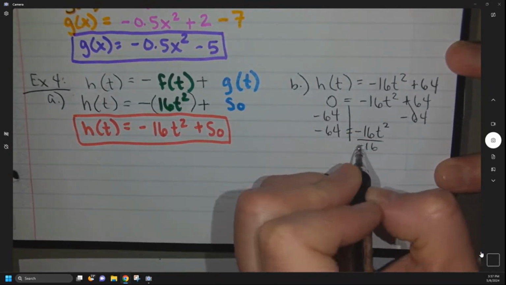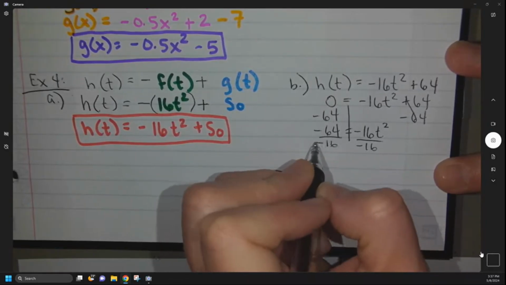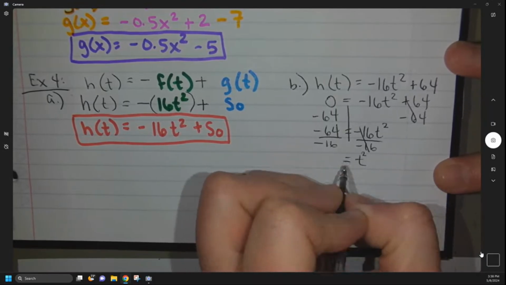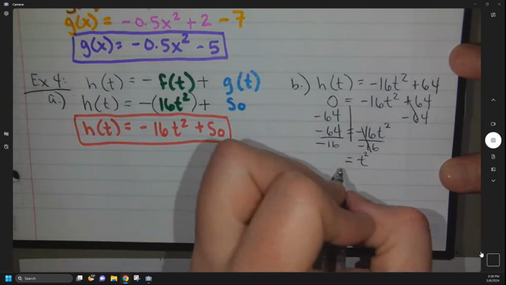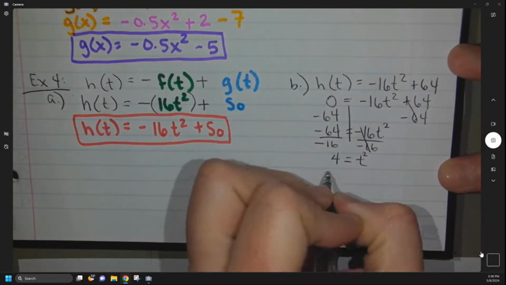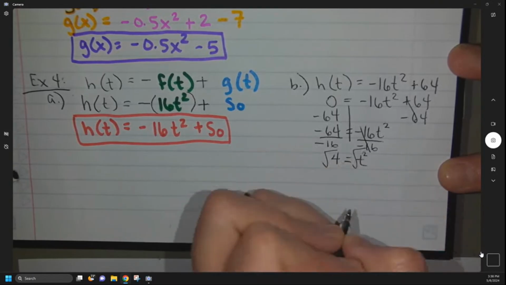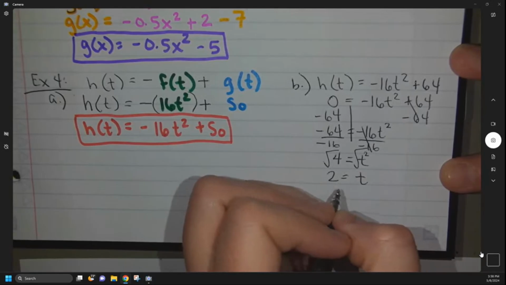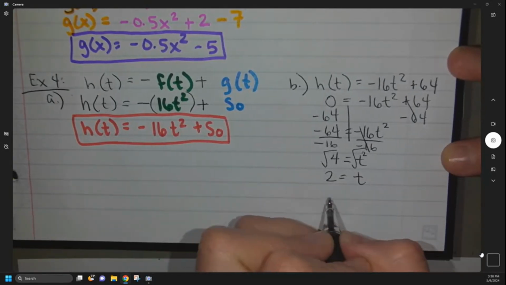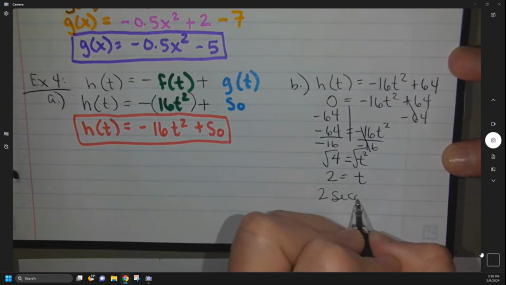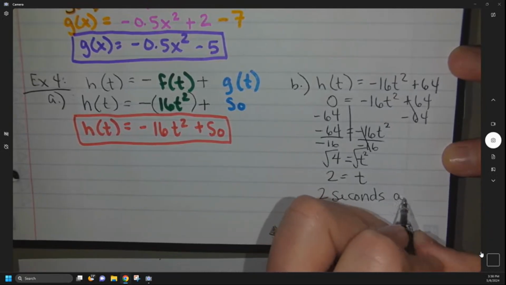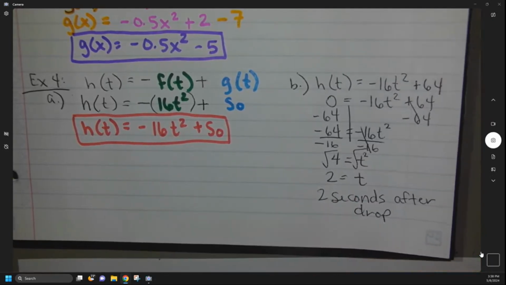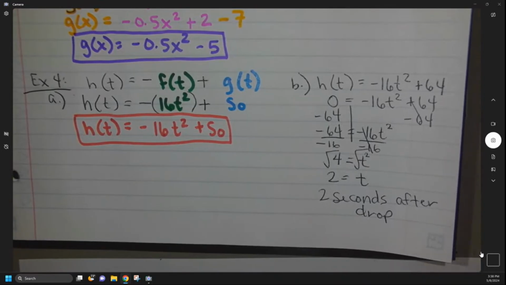Divide both sides by negative 16. t squared equals 4. Take the square root, and we find that it would take 2 seconds after the drop for it to hit the ground. Let's put that in a box so we know where the answer is.